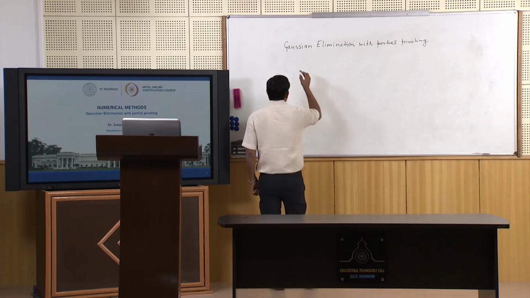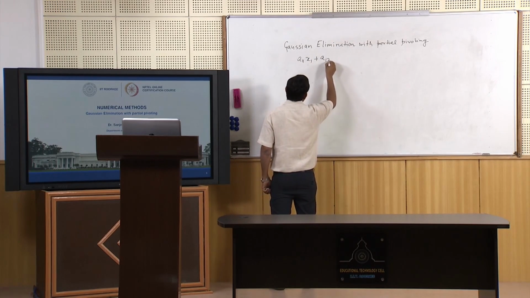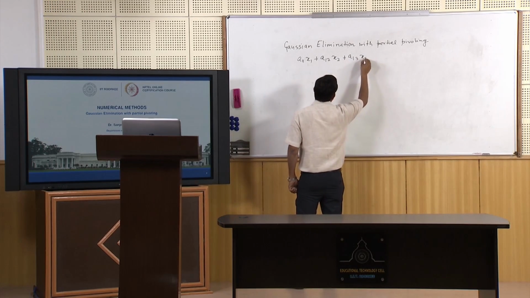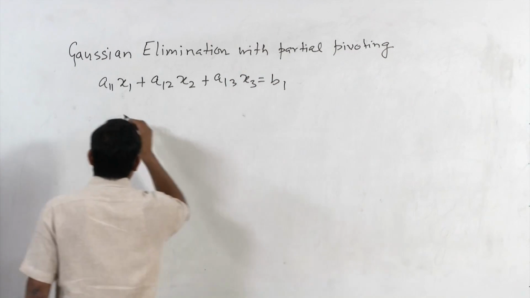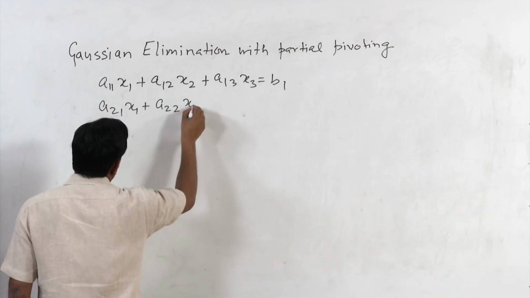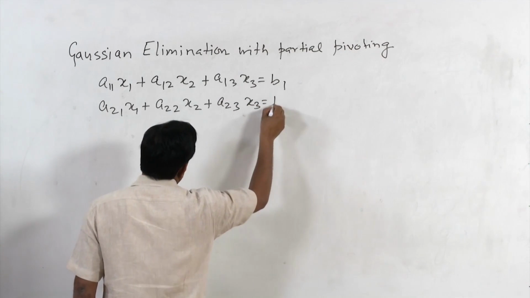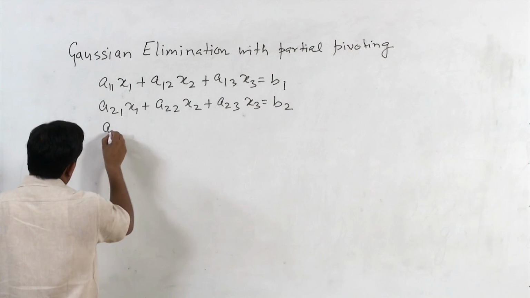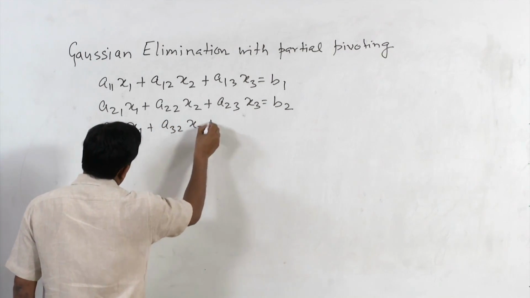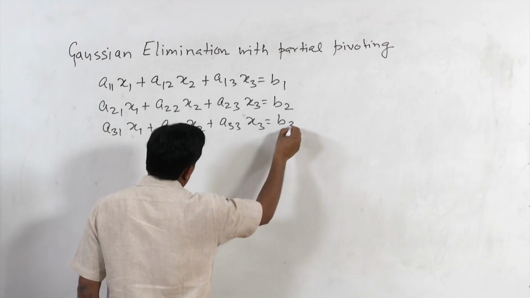So, again consider a 3 by 3 system having 3 equations with 3 unknowns, that is a11 x1 + a12 x2 + a13 x3 equals b1. This is the second equation, and the third equation is as well.